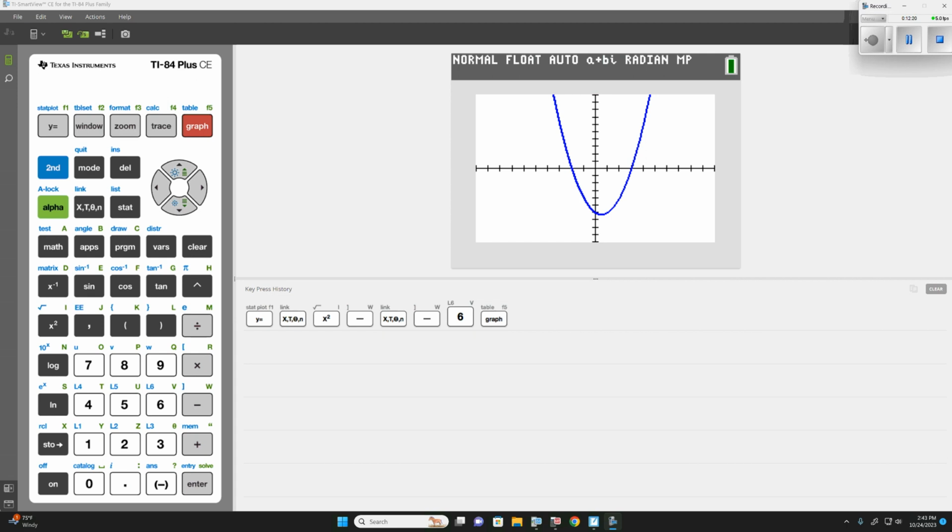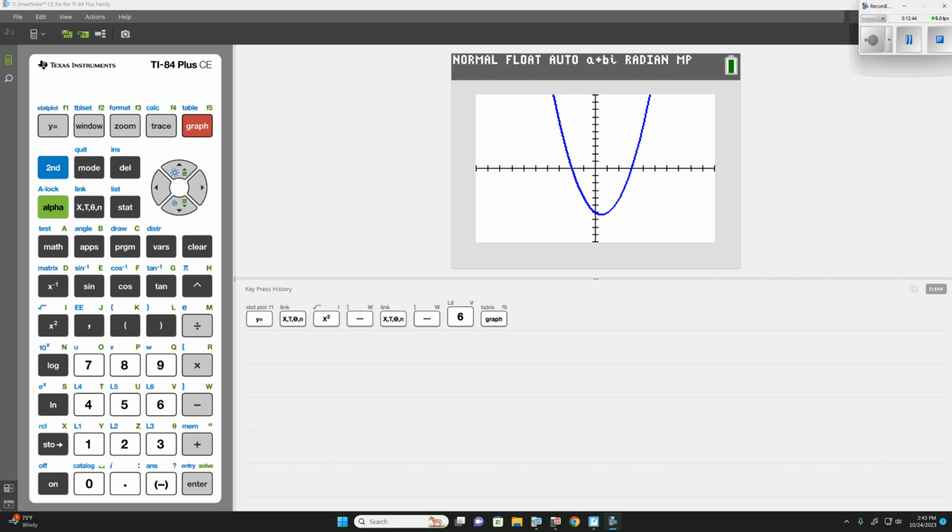Then Zoom, and we'll have to put in 6. Zoom 6. There we go.